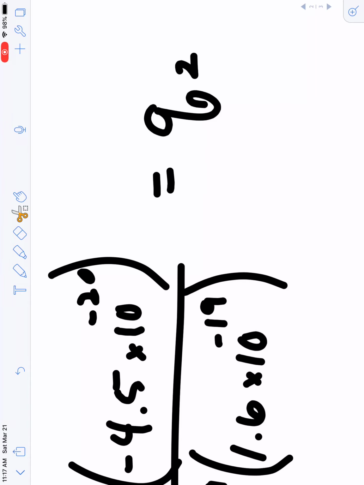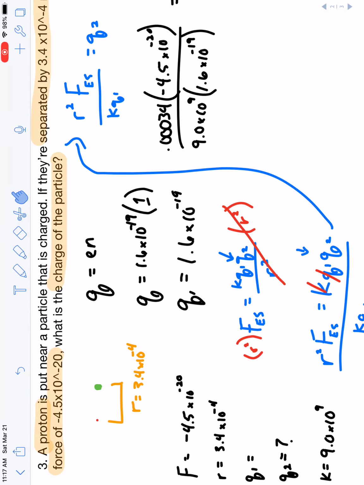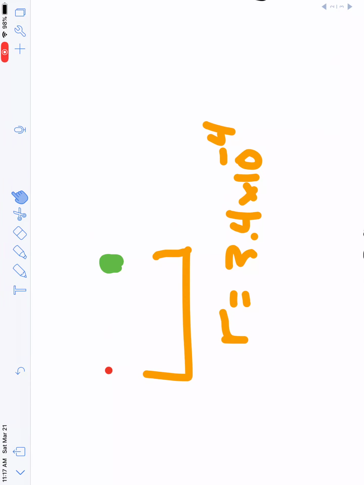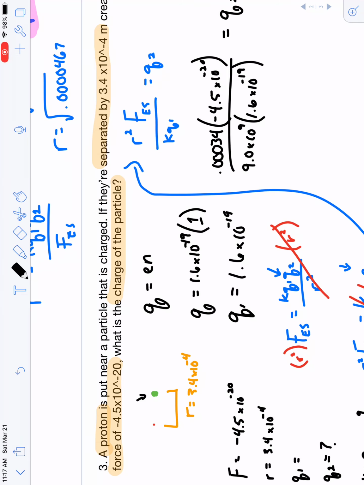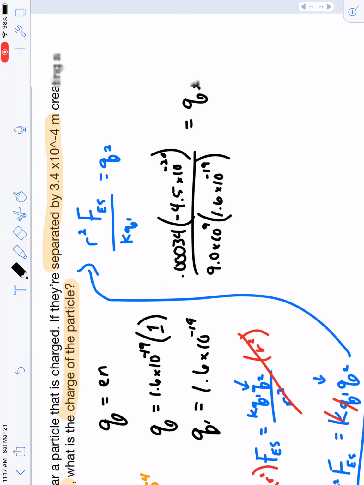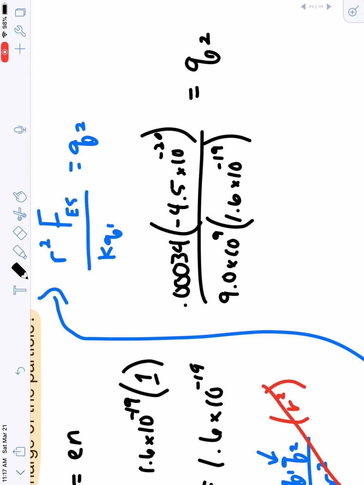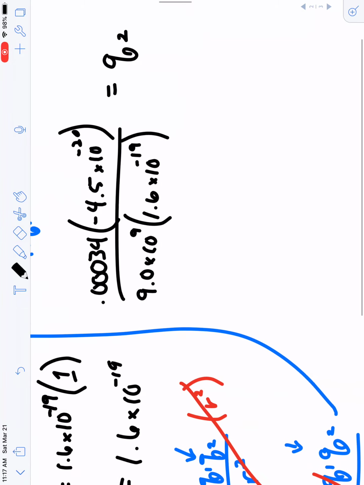We stated earlier that this unknown charge has to be negative because it's an attractive force, which means Q2 has to be negative. At the top, we only have one negative number. At the bottom, we have no negative numbers, indicating that this number will be negative. So we are on the right track.